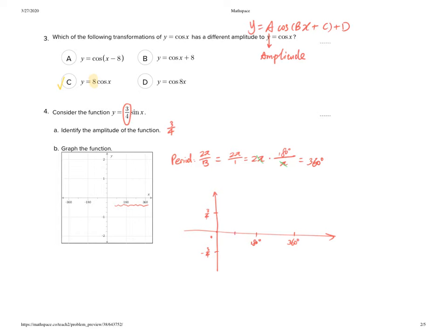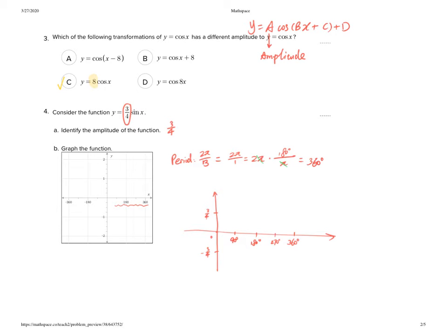And then 2 more midpoints. 0 plus 180 divided by 2 is 90. Between 180 and 360, 180 plus 360 divided by 2, you will have 270. We don't see any horizontal or vertical shift for this function, 3/4 sine x.